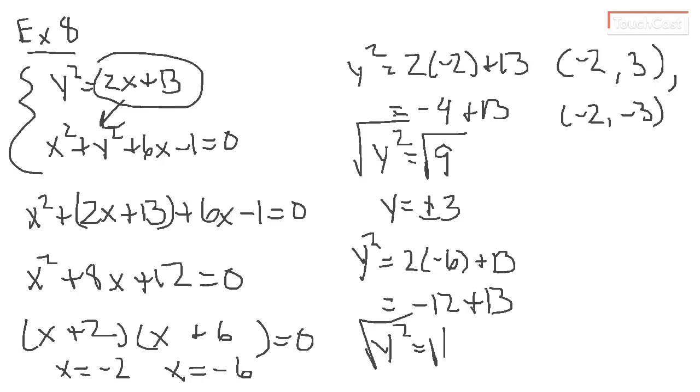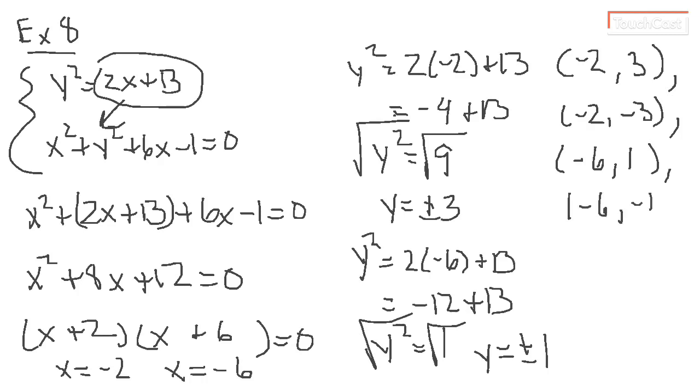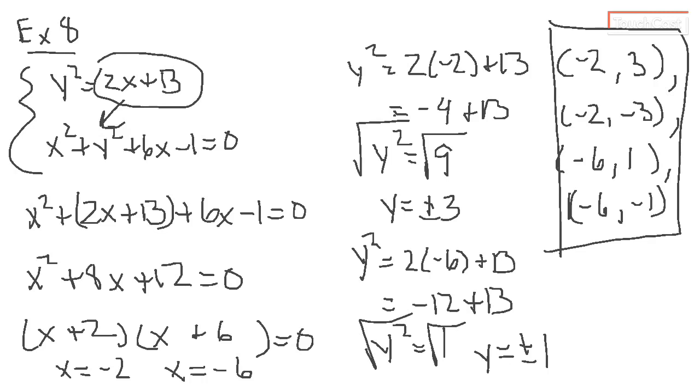If we take the square root, we're going to get y equals plus or minus 1. So we've got two more answers. So our answers now are also going to include negative 6, 1, and negative 6, negative 1. So in this system, we have 4 solutions.